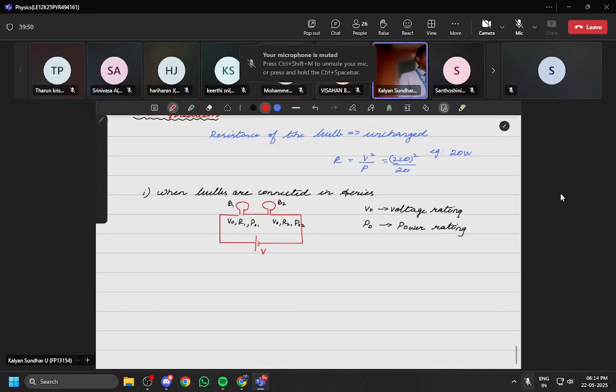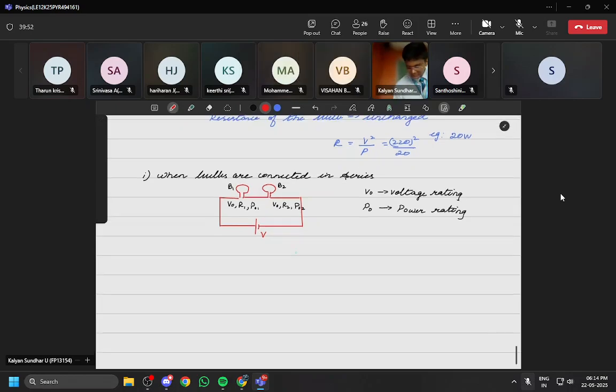Right? So here, let us assume that the power rating of the first bulb is greater than the power rating of the second bulb. Therefore, your resistance R1 value will be V naught square by P naught 1, and your R2 value will be V naught square by P naught 2.